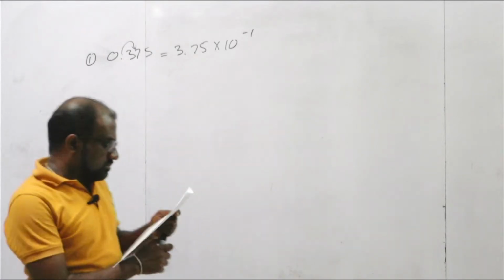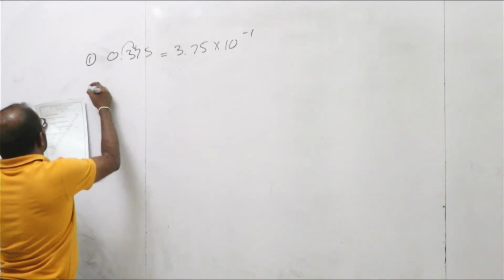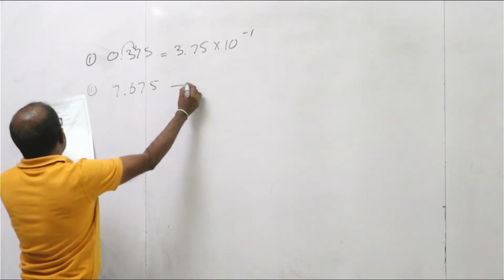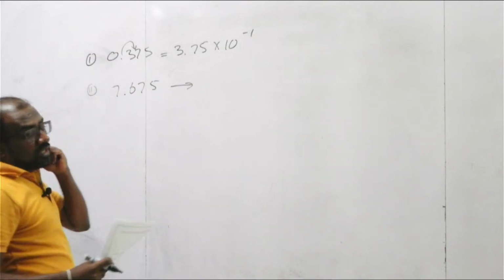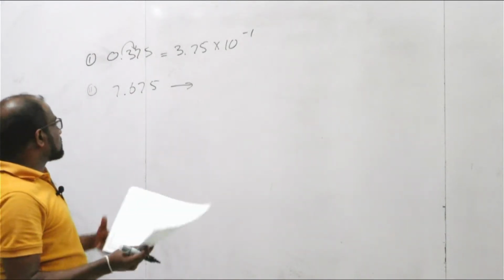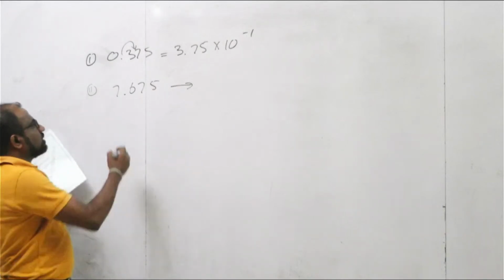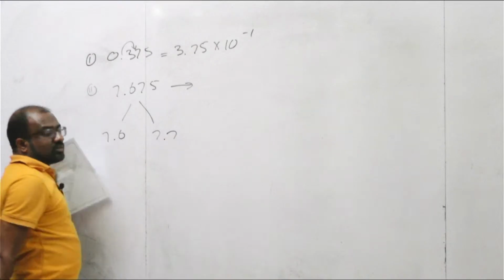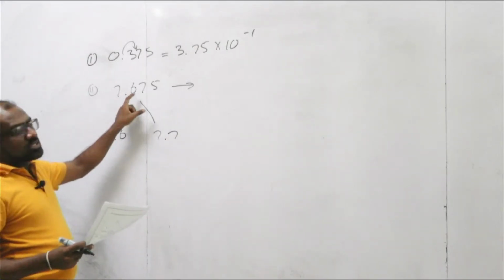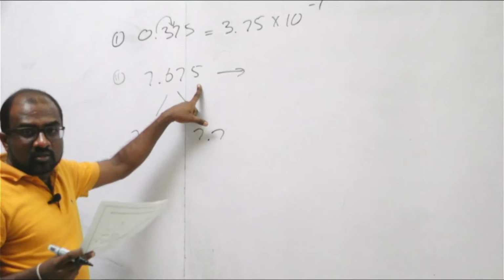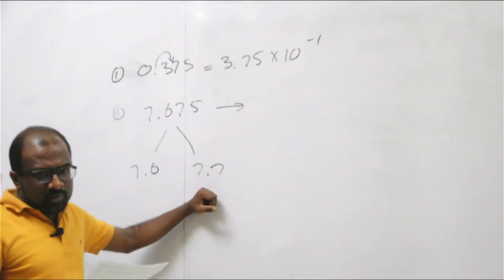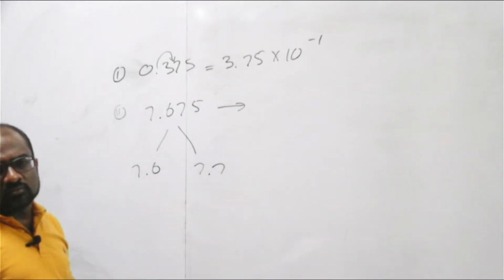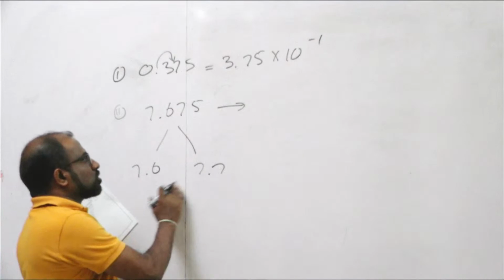Then the second one, 7.675. You are asked to round off to the nearest first decimal. What are the two possible values? It should be either 7.6 or 7.7. One of these two should be the answer.